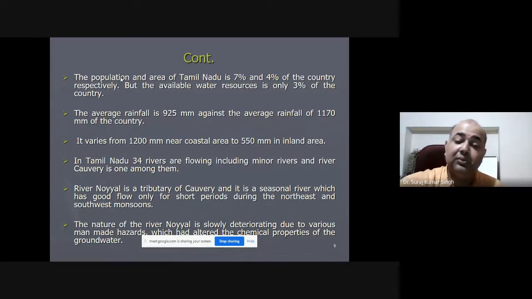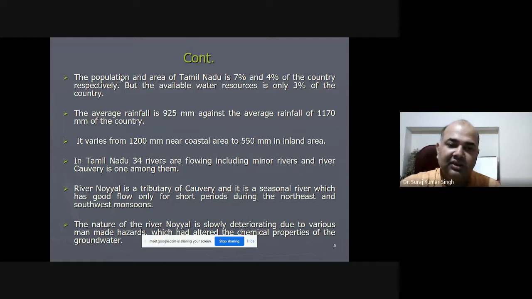If you go to the inland areas, out of 1170 mm of the country, you're receiving only 550 mm, which is half of what is expected. If it is half, and we have a big population, how are you going to sustain them? Where will the people living in that area get water for drinking, for irrigation, for animals?